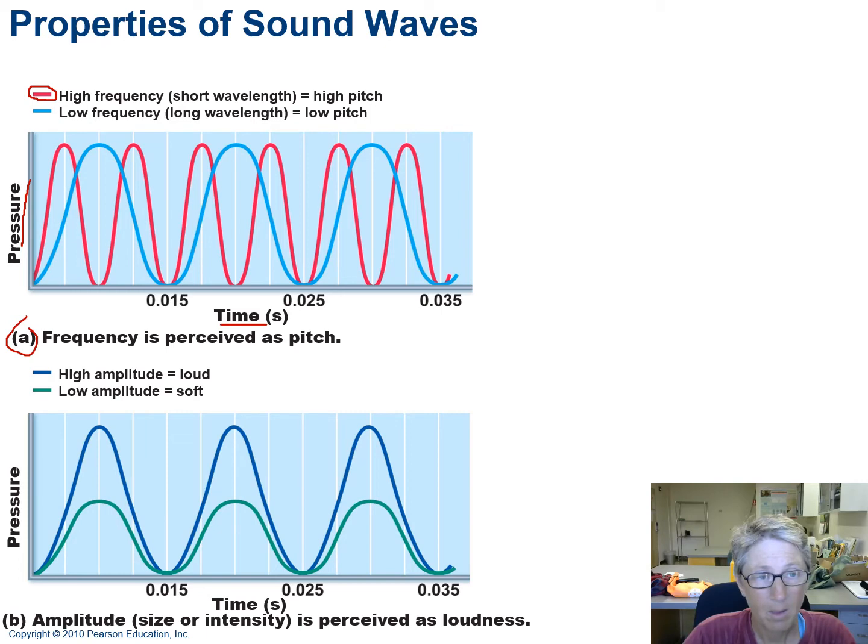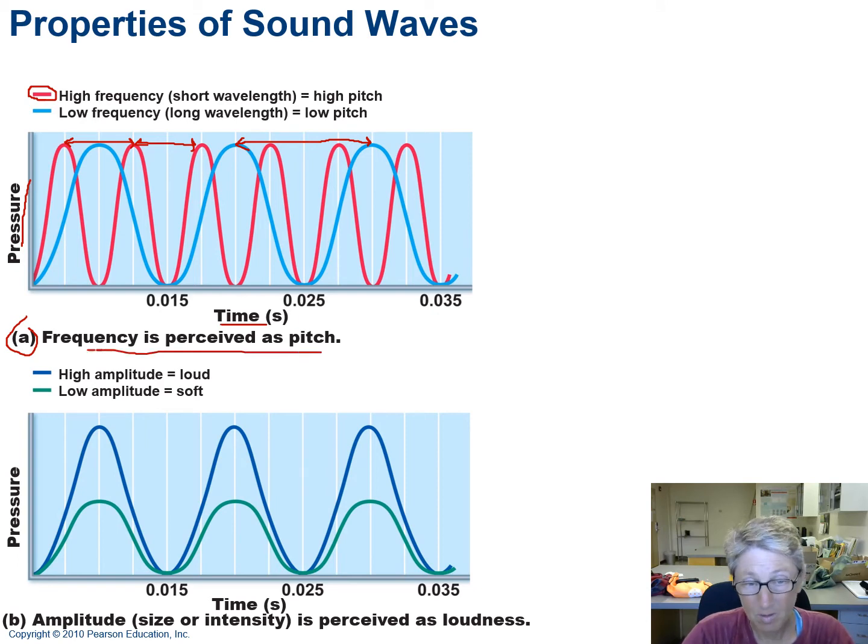So here's high frequency because from wavelength to wavelength is pretty short. So red crest to red crest, as opposed to blue crest to blue crest. It's got a lot longer wavelength. So when you make a sound that's low frequency, you'll have a low-pitched voice and a long wavelength.